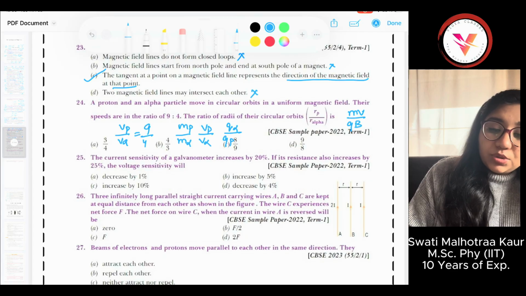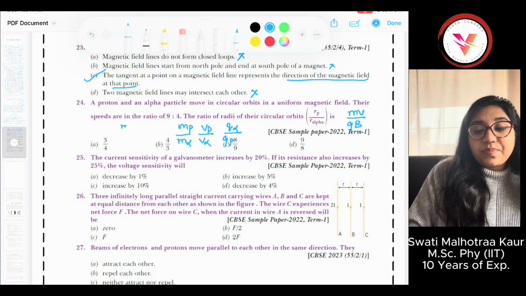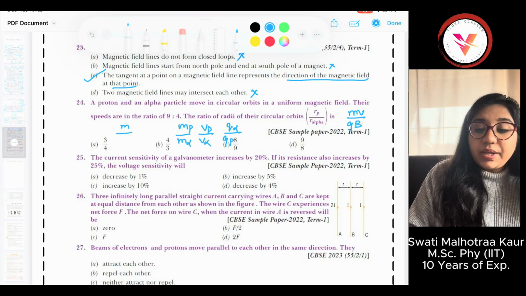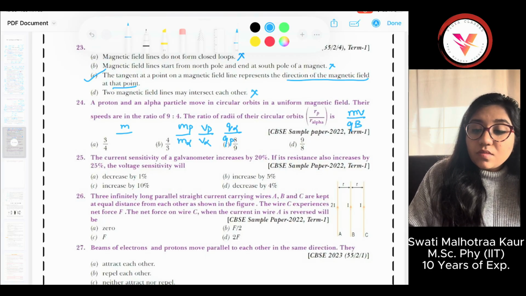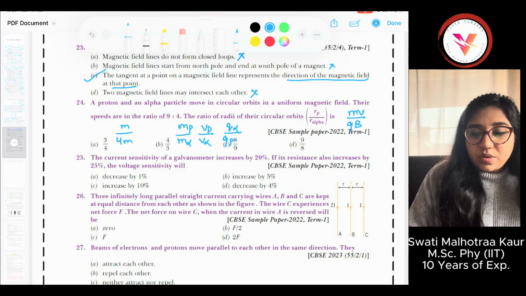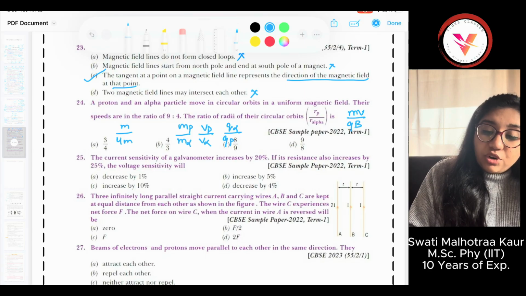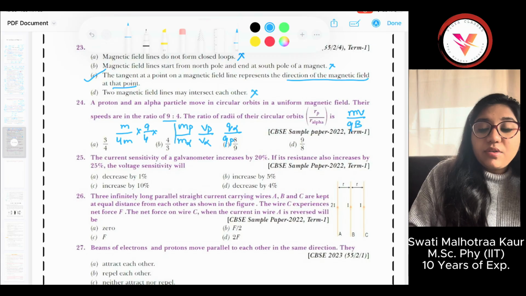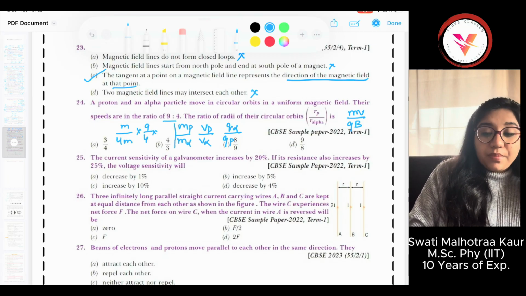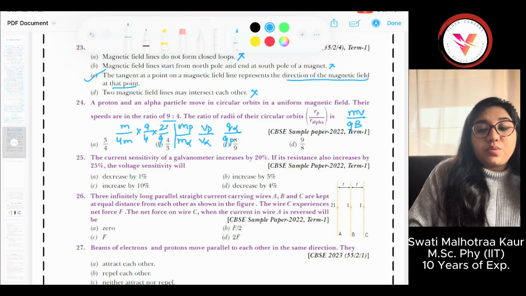Okay, just put the values. If the mass of proton is m, then the mass of alpha would be 4 times the mass of proton. Velocity of proton to velocity of alpha is given as 9:4, and if the charge of proton is q, then alpha would be 2q.